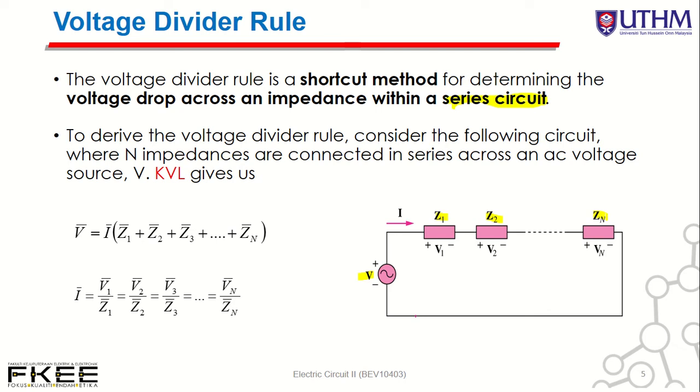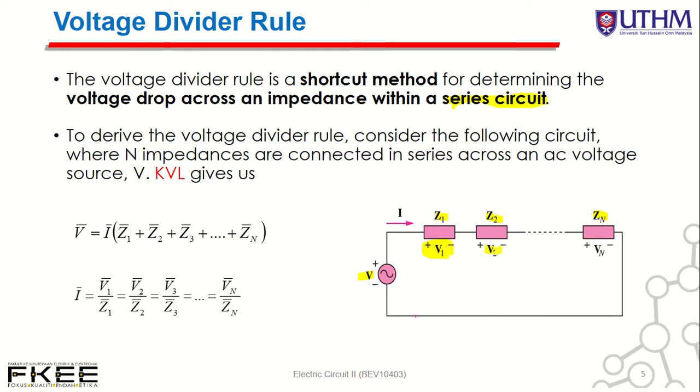We can determine V1, V2, or the voltage across each impedance, by using the voltage divider rule. So the question is how to derive the equation of V1, V2, according to the voltage divider rule.